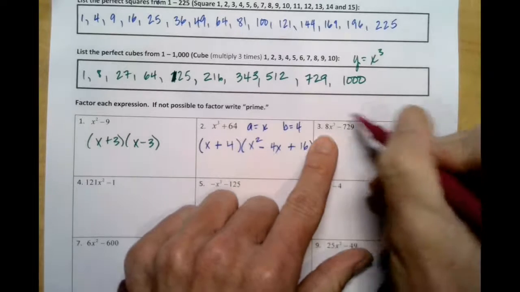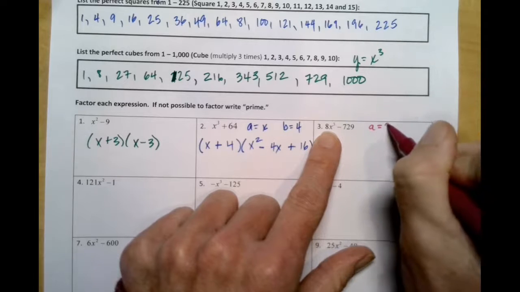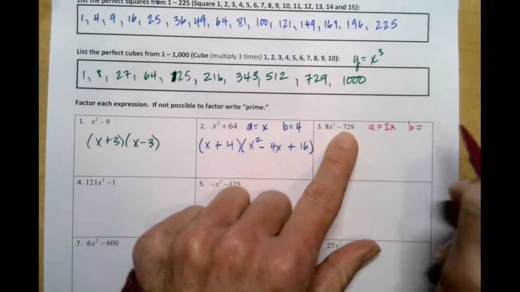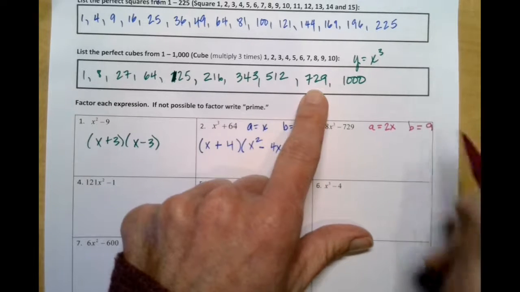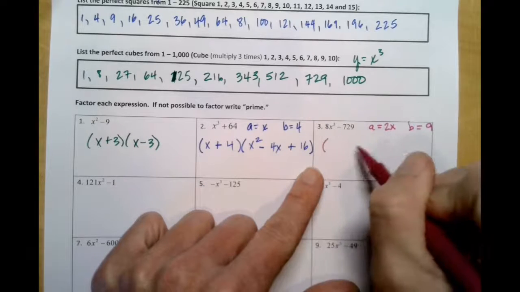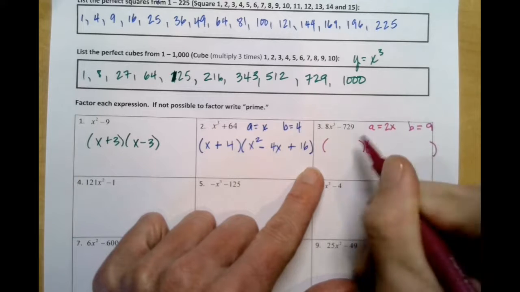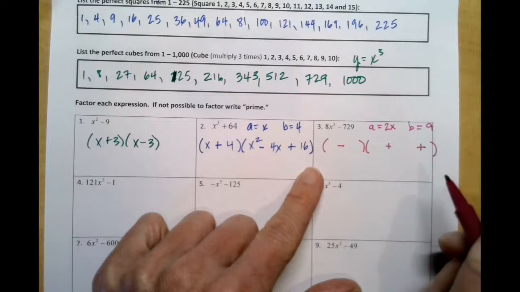The reason why it's worth finding your A and your B is always because you have something like this. So the cube root of 8x cubed is going to be 2x, and the cube root of 729 is going to be 9. Once I have that A and B there, it makes it easy for me to draw my binomial and then my trinomial parentheses, same sign, opposite sign, always positive.